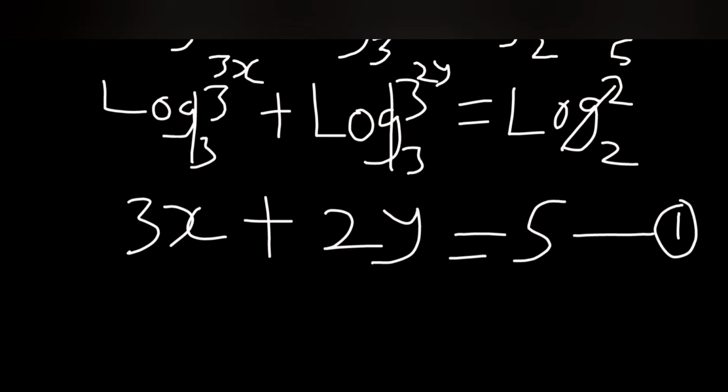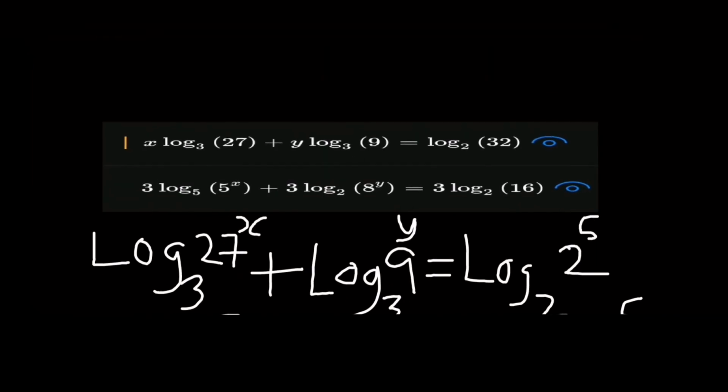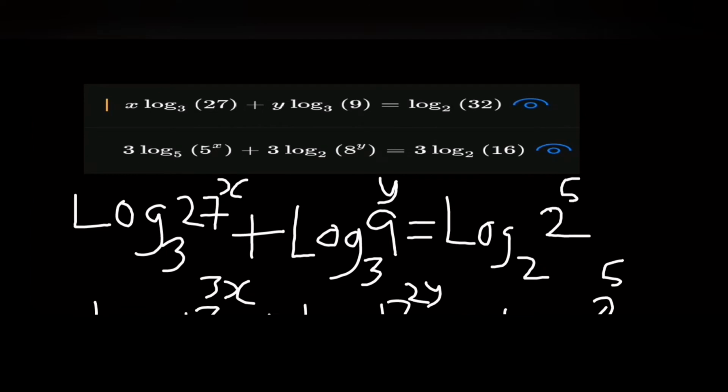So going back to the other one, coming back to this particular one here, what we are going to do now is to make sure we preframe it like the way the other one was.